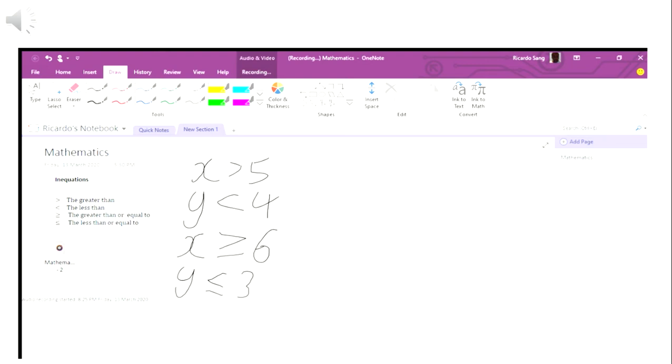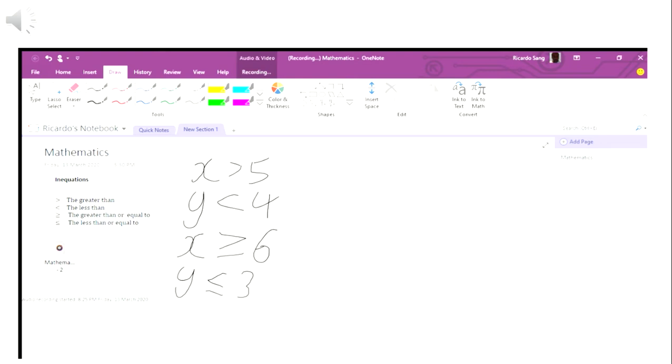So 4 cannot be a part of it, 5 cannot be a part of it, 6 cannot be a part of it. It has to be 3, 2, 1, 0, -1, -2, all the way to infinity. Those are the numbers that are part of it. So that is what we're talking about: the signs less than, greater than, less than or equal to, greater than or equal to.